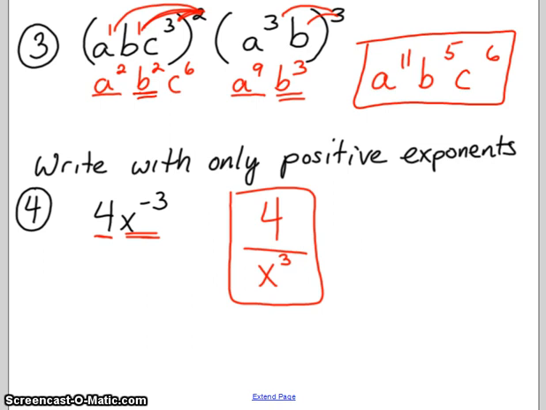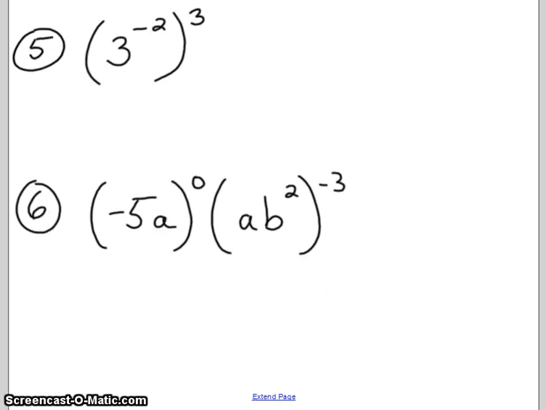4 over x cubed. Number 5, 3 to the negative 2 raised to the third, sorry. Okay, so we have a power to a power, and remember, we multiply them. So negative 2 times 3, which is negative 6. Now we have a negative exponent, so we have 1 over 3 to the 6th.